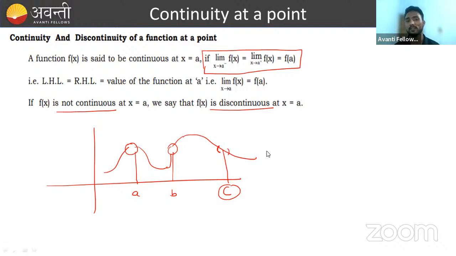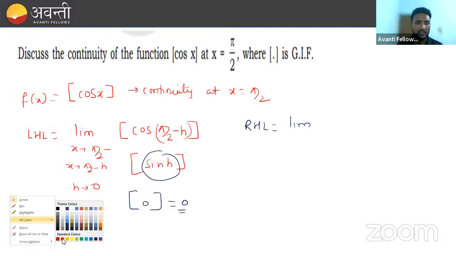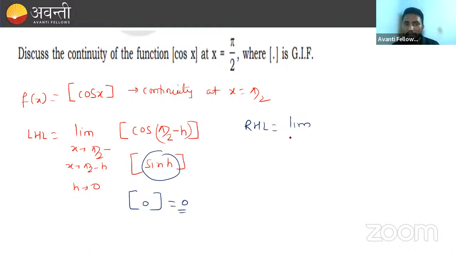In the whole graph there may be lots of points of discontinuity, but if someone asks you whether the function is continuous at point C or not, you have to just check the neighborhood of C, not A and B. We are concerned with C only.